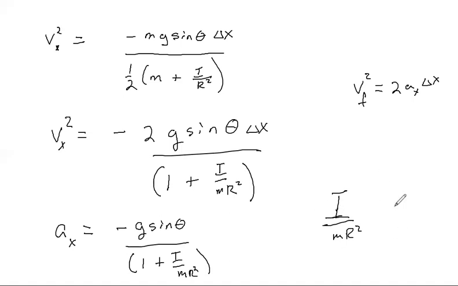If you think about a few examples, you'll note that I, for simple shapes with only one length scale, so simple shapes of revolution, is always some number times the mass times the length squared. So when we write I over m r squared, that's actually isolating the numerical coefficient.